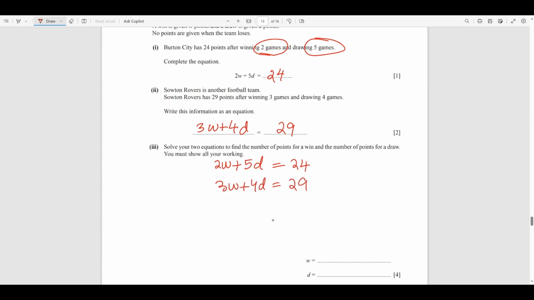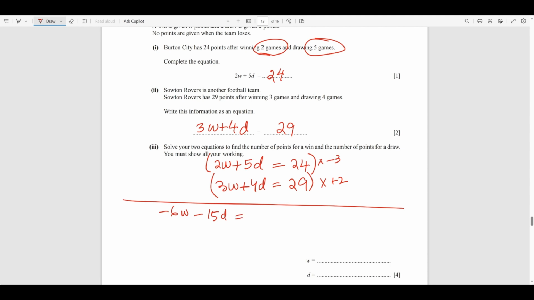I'm going to use the elimination method. I'm going to multiply the first equation by -3, and the second equation by +2. Let me rewrite the equations. So -6W minus 15D equals negative 72.